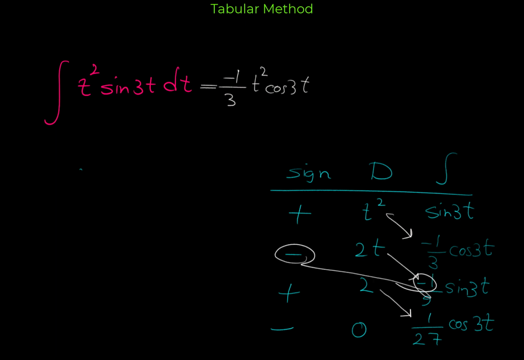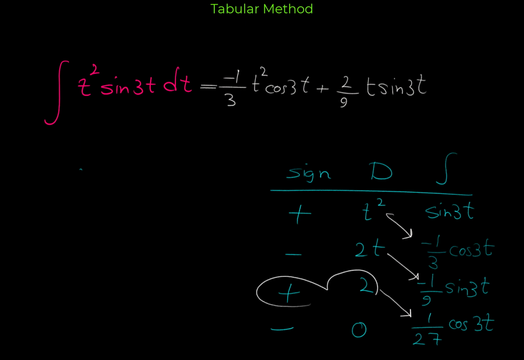Minus and minus cancel each other, so it becomes plus 2 over 9 t sine 3t. And finally we have plus 2 times 1 over 27, so 2 over 27 cosine 3t plus c. And this is the answer of this integral.